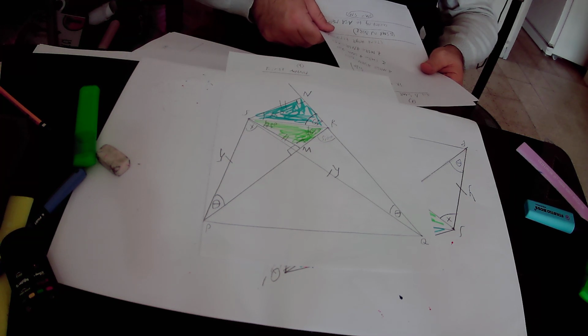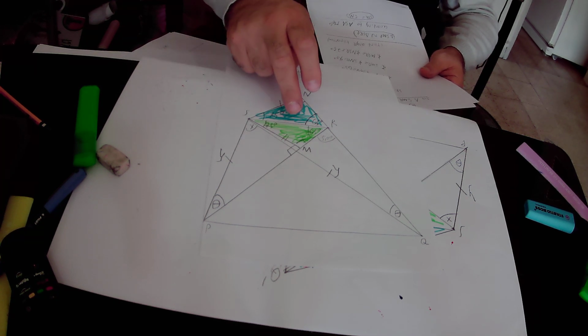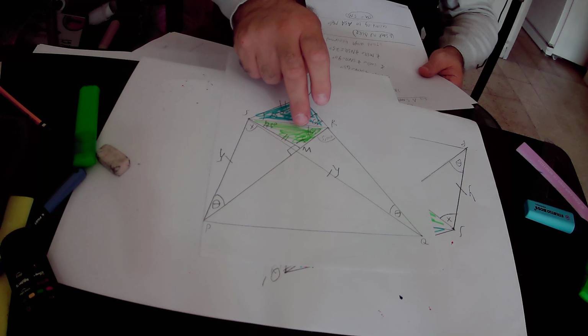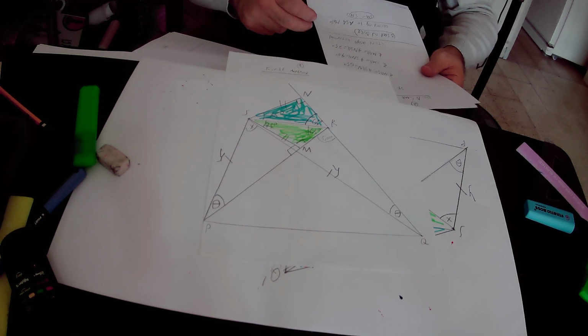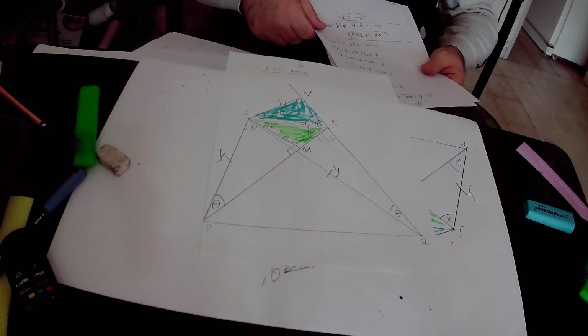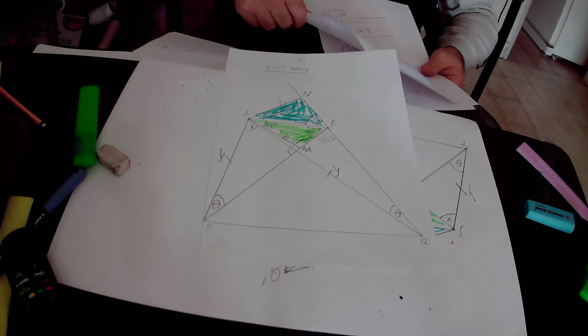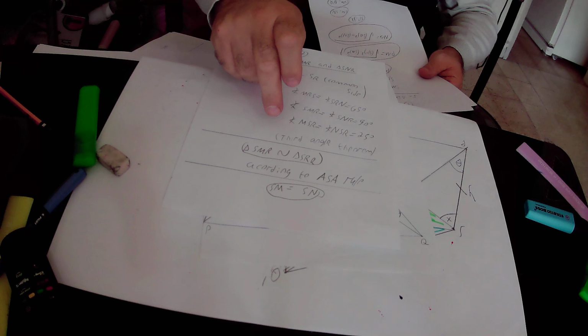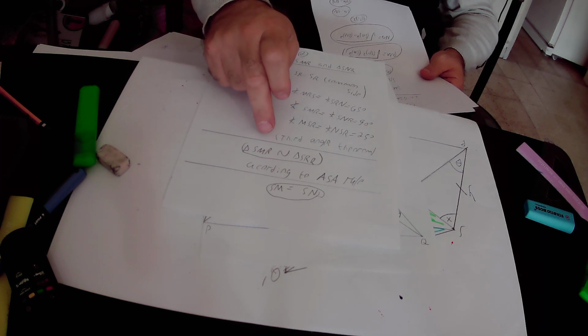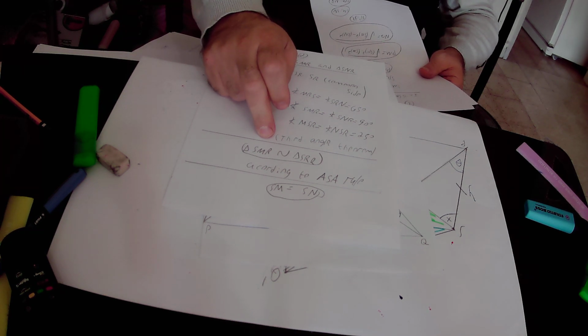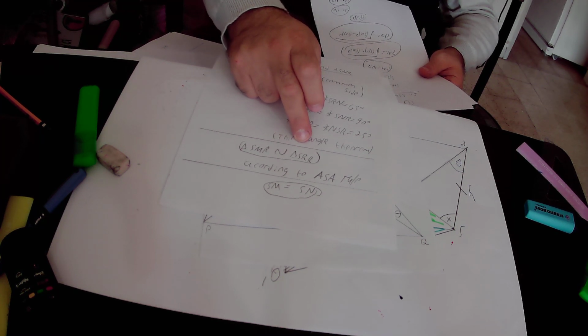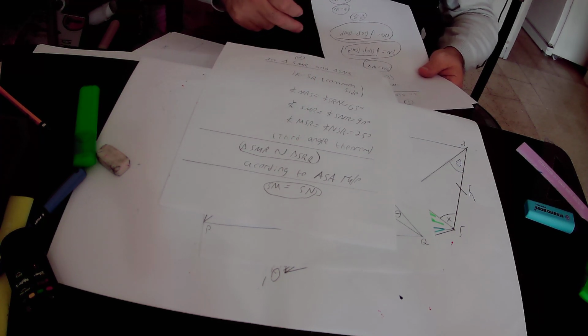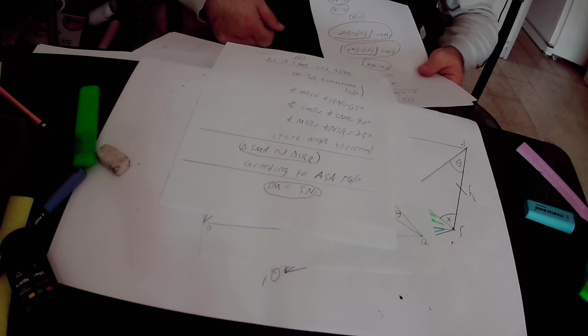Therefore, we proved that the blue triangle is congruent to the green triangle according to the side angle rule. Okay? Triangle SMR is congruent to triangle SRQ according to the side angle rule.